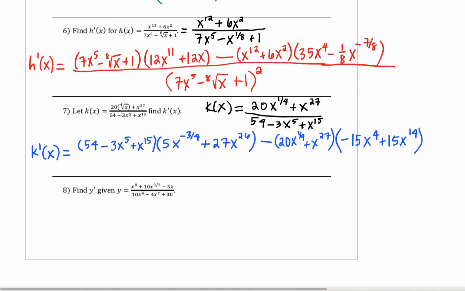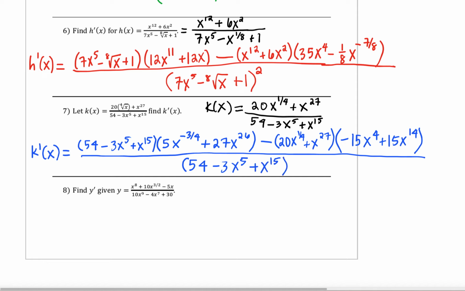All of that is the derivative of the denominator, all divided by the original denominator, 54 minus 3x to the 5th plus x to the 15th, that entire denominator squared. So again, make sure I've got parentheses on the whole thing, not just accidentally on the last term there.